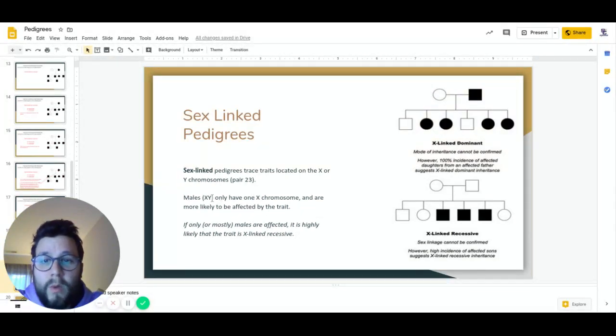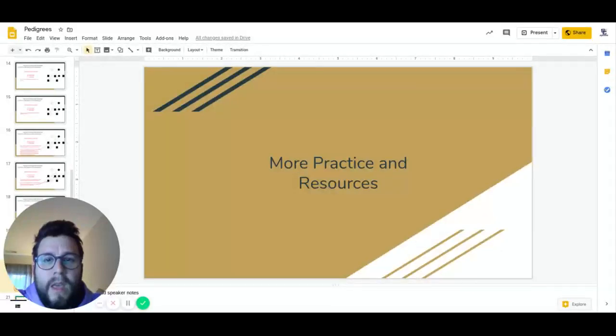Now, males only have one X chromosome and are likely to be affected by an X-linked trait. So if it's on the X chromosome, they only have the one, so they can't be heterozygous, they can't be carriers. They either have it or they don't. So if you see a pedigree with pretty much just males being shaded in, it's probably what you're looking at. We'll get more into that later.